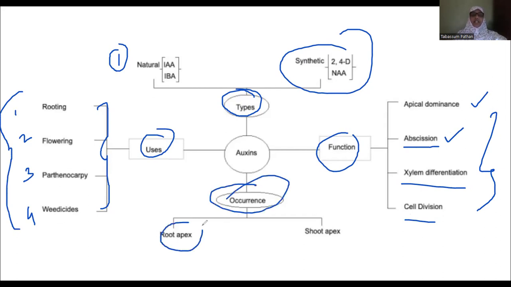You will find auxin at the root apex and the shoot apex. Synthetically, if you want only the root to grow, you can apply the synthetic version of the auxin and cause the root to grow. And if you want only the shoot of that plant to grow, you can apply the synthetic version of the auxin and focus on the shoot growth of that particular plant.